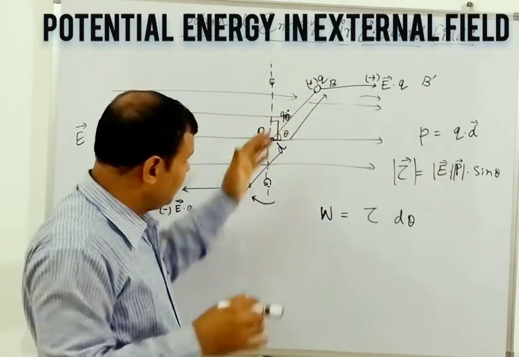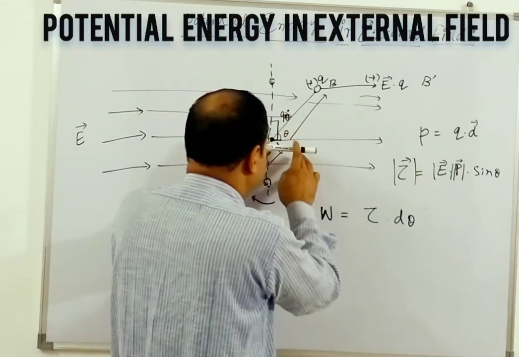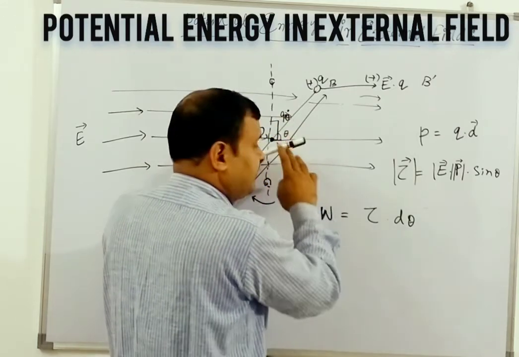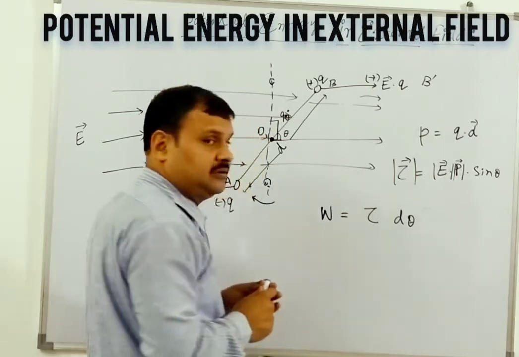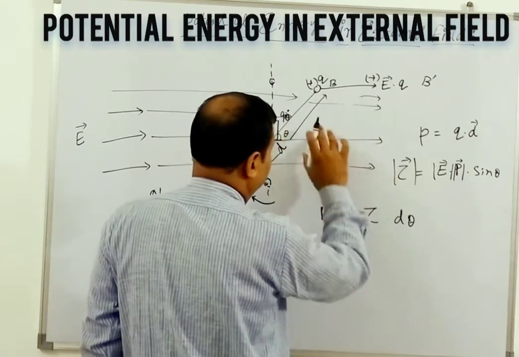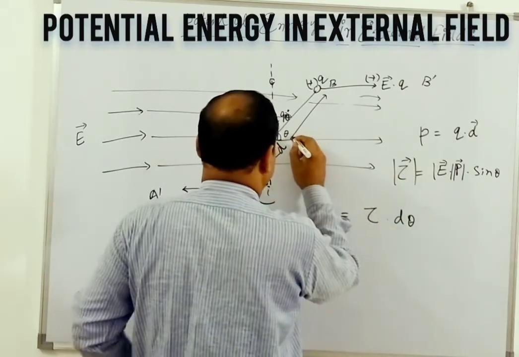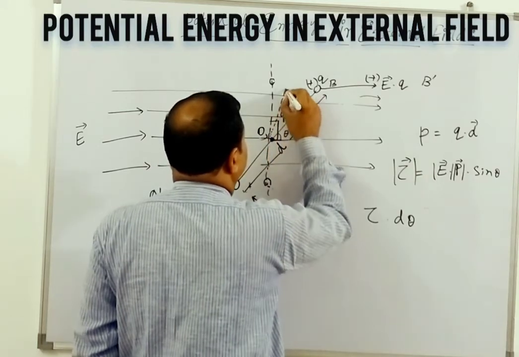So we only need a sufficient amount of torque to get it balanced by the external force without imparting this kinetic rotational energy. So work done will be tau into d theta. Okay, particular d theta, suppose this is theta, if you want to move a d theta.